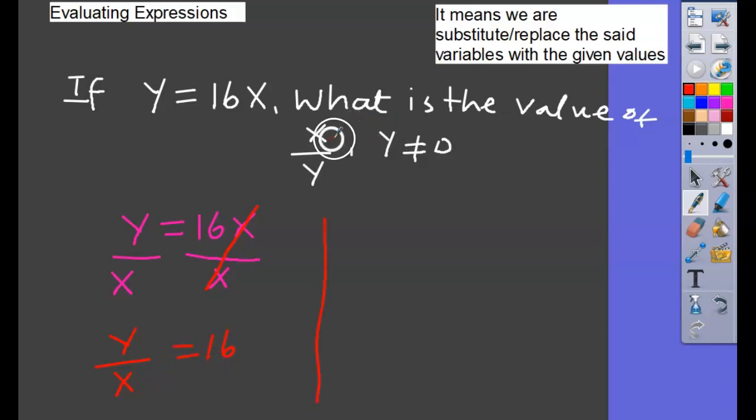We are looking for x over y, but we have to know that every number is over 1. So we are going to flip each of them, so we will get x over y. Since we flip this, we have to flip this one. This becomes 1 over 16.